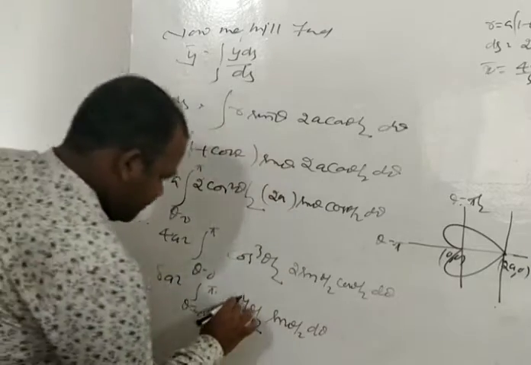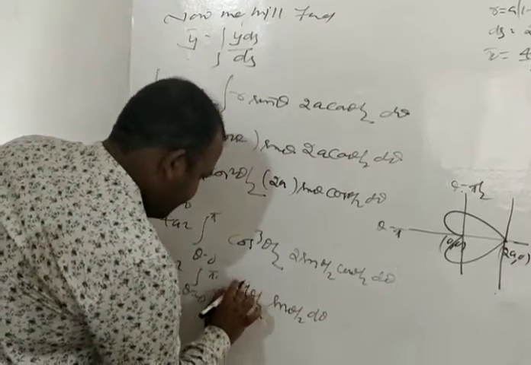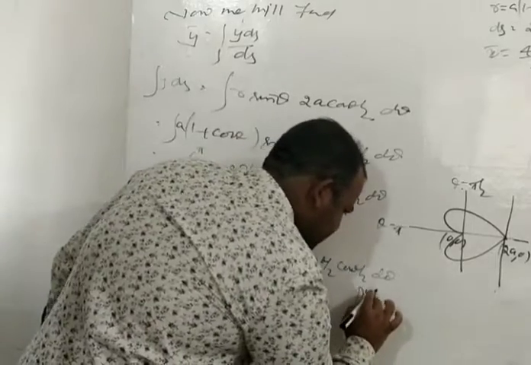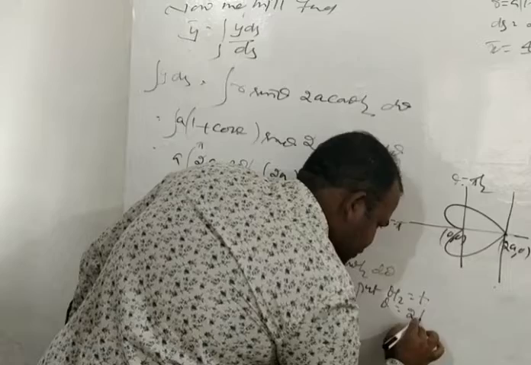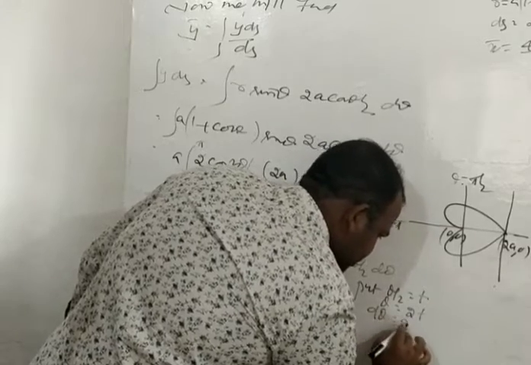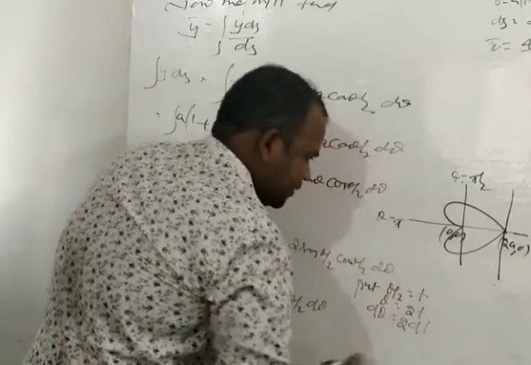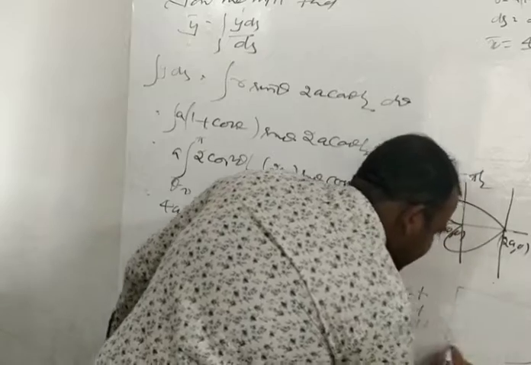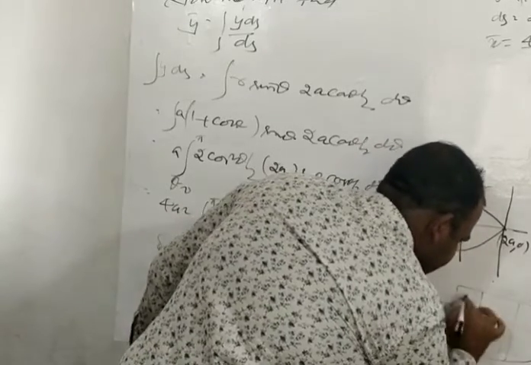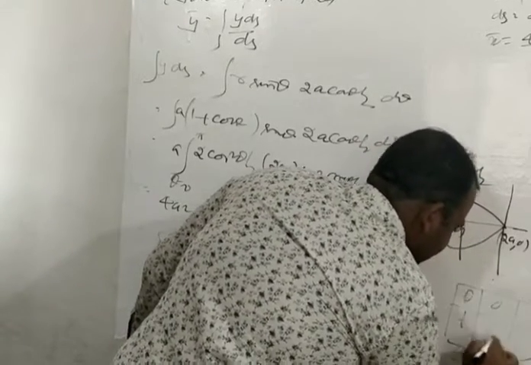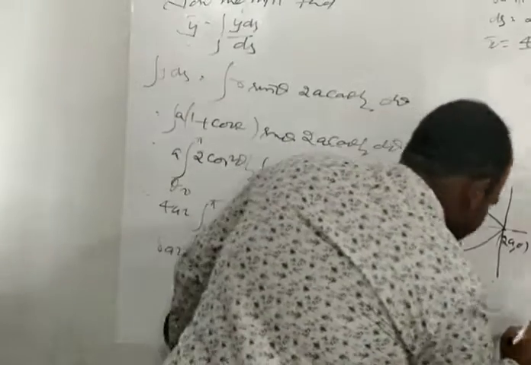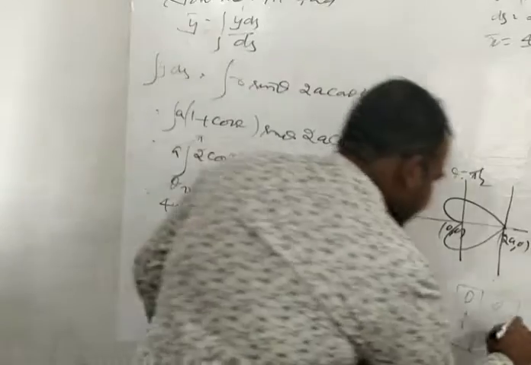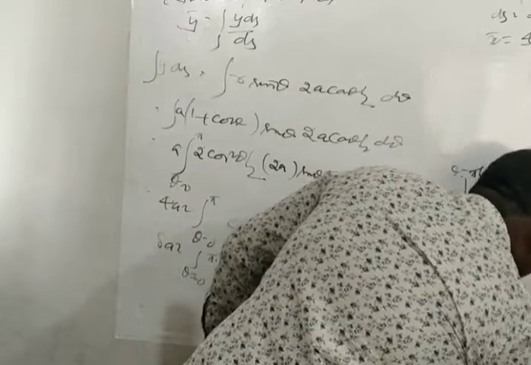So now put theta by 2 equals t. Theta equals 2t, d theta equals 2 into dt. Now we will change the limits. Whenever theta equals 0, t equals 0. Whenever theta equals pi, t equals pi by 2.